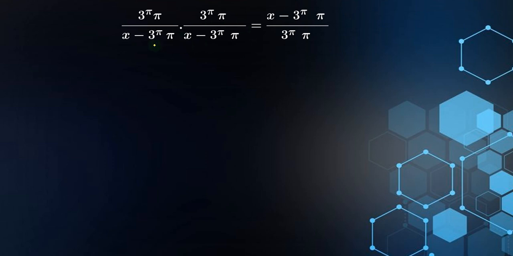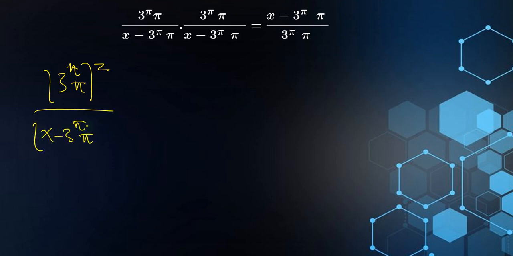So you see that this one here is equal to this one, right? So I'm going to say that this is 3 to the pi times pi over x minus 3 to the pi times pi, and this is squared, and this is equal to x minus 3 to the pi times pi over 3 to the pi times pi.